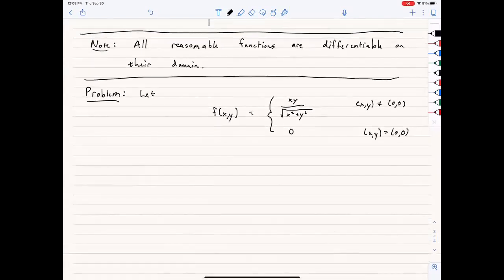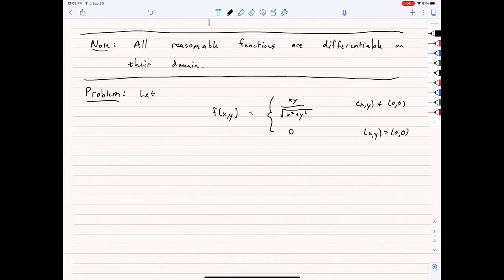So this is a good example of a function where you would see something surprising in many variables. And even people that are well-trained make mistakes with these types of things because they forget to ask the question of differentiability.